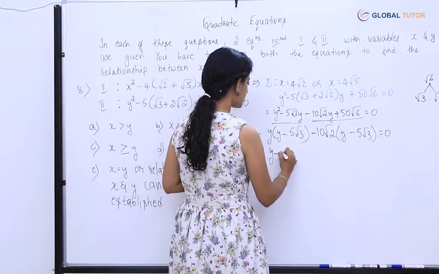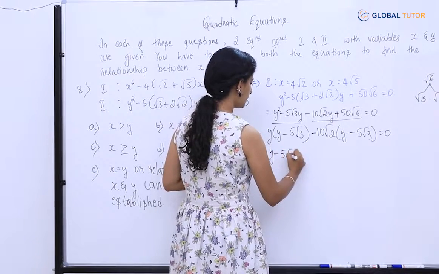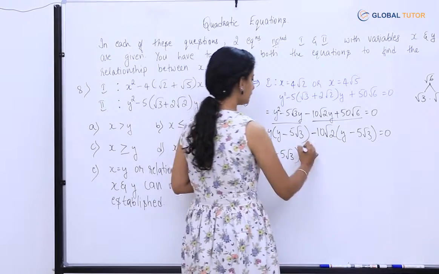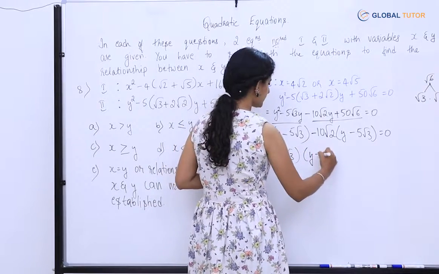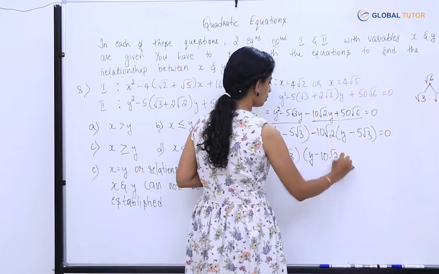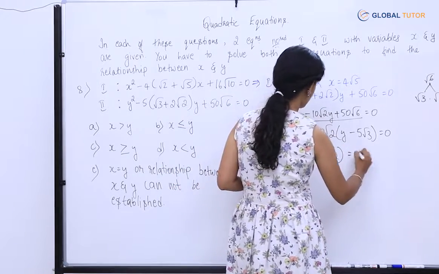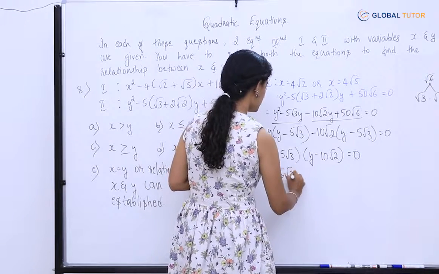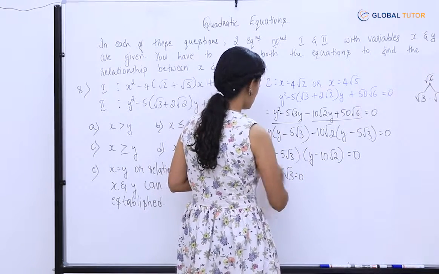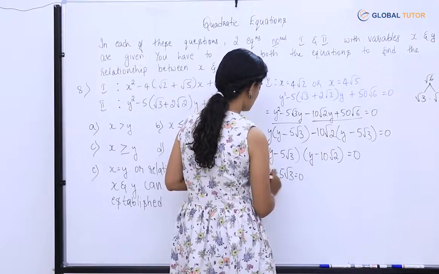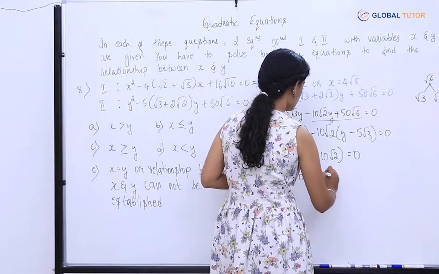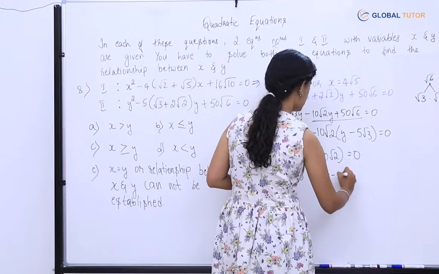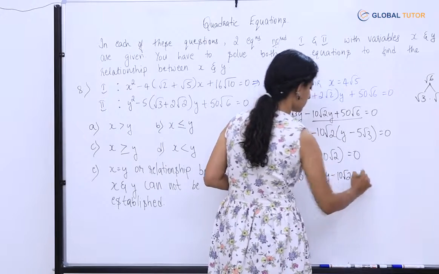So y minus 5 root 3, if I take common, I will be left with y minus 10 root 2, which is equal to 0, which means y minus 5 root 3 is equal to 0, or y minus 10 root 2 is equal to 0.